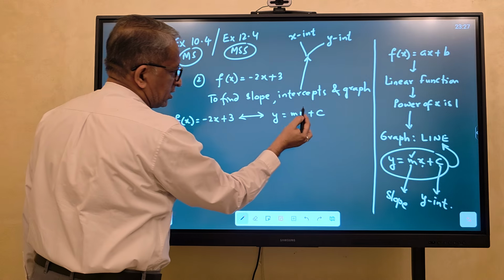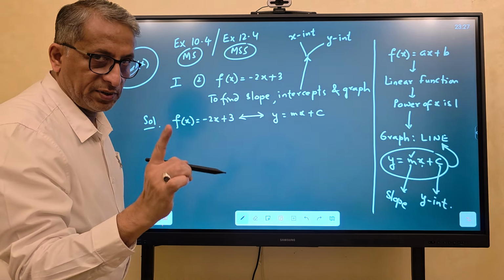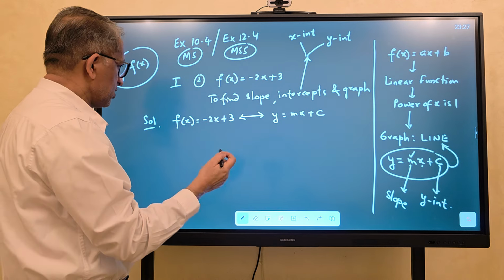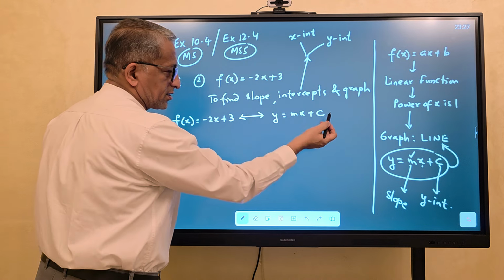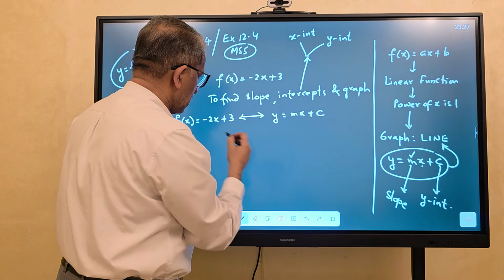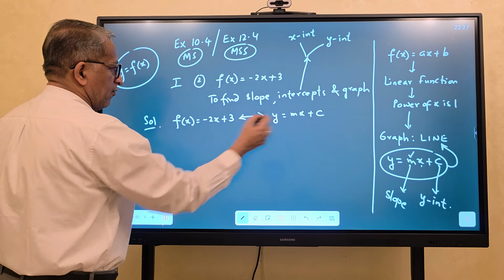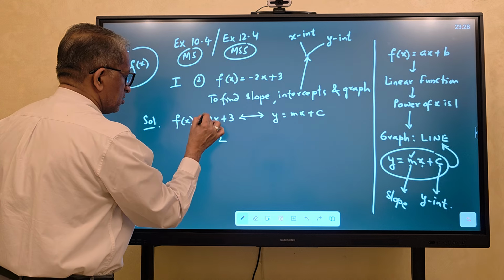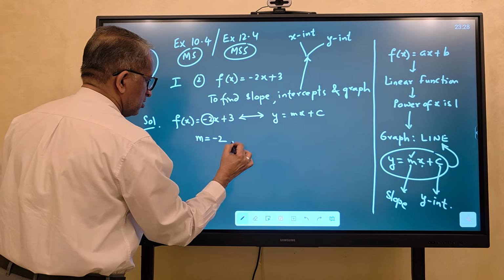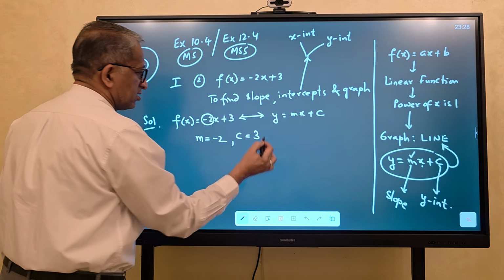You can compare equations when they have a similar form: y on the left, x term on the right, number on the right. When I compare, I get two things: m is minus 2 and c is 3.